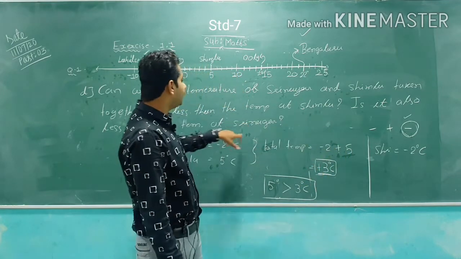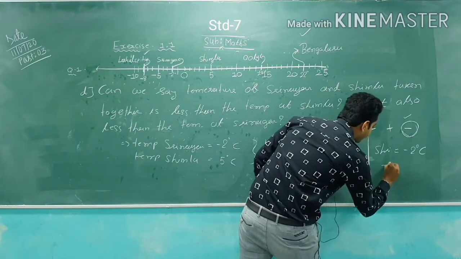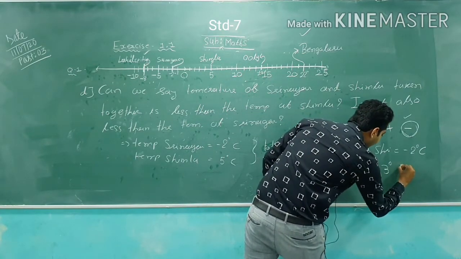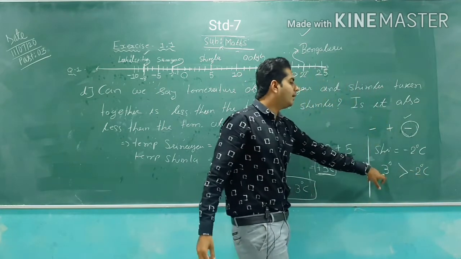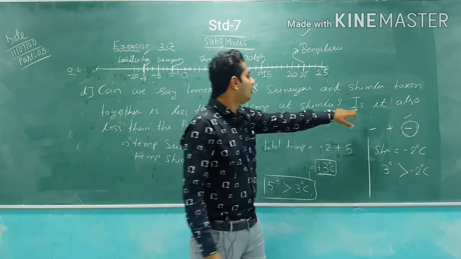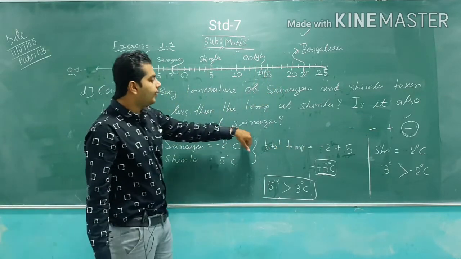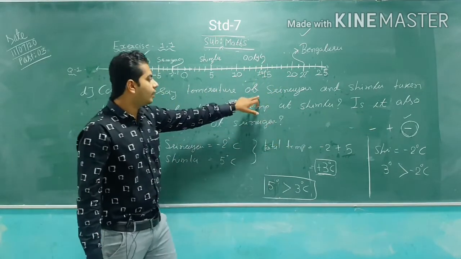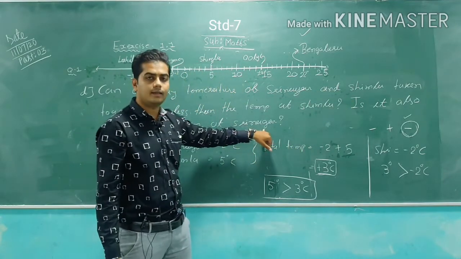So is it less than the -2 degree Celsius? Obviously no. 3 degree Celsius is positive and this is the negative. So -2 degree Celsius is less than 3 degree Celsius. So you can say that no, it is not less than the Srinagar temperature. The combination of Srinagar and Shimla's temperature is not less than the Srinagar temperature.